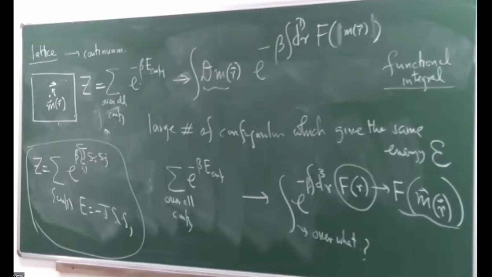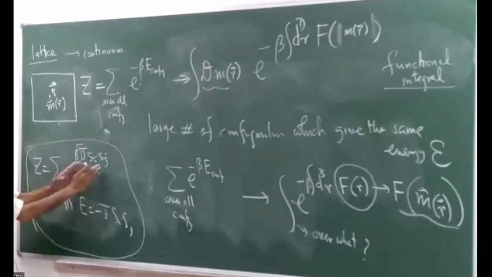Sir, I was telling that after doing that integral over d3r of f, we are getting the free energy as a function of magnetization. The free energy is the analog of the energy over here.